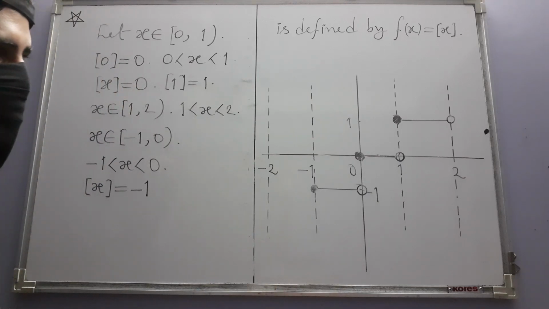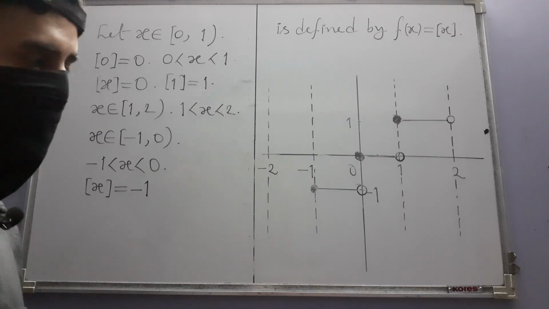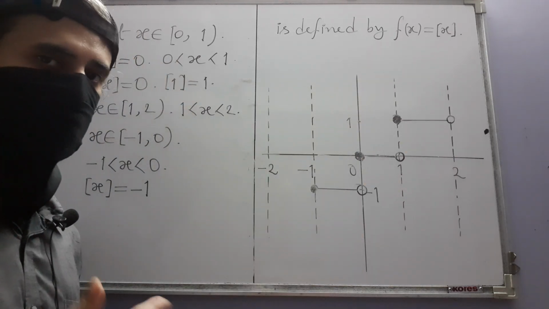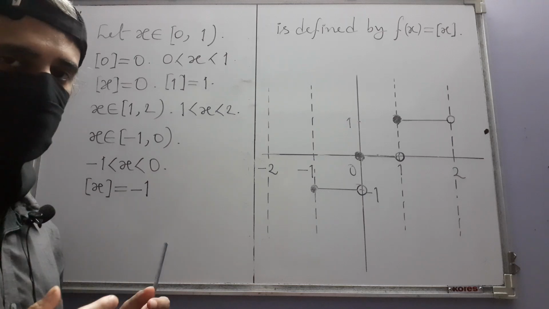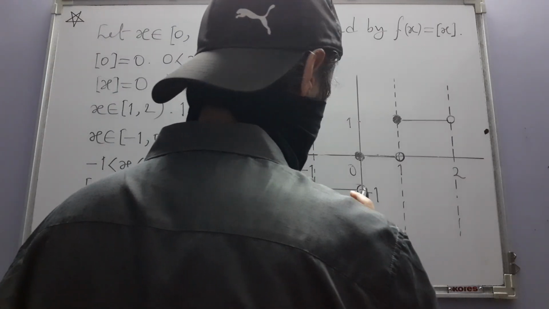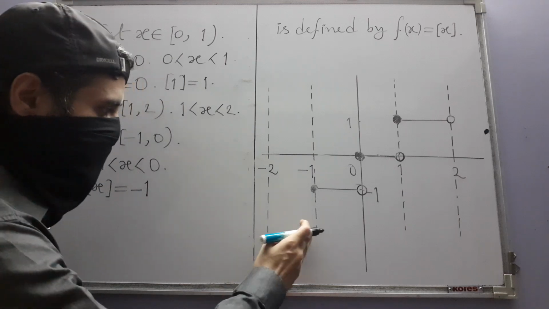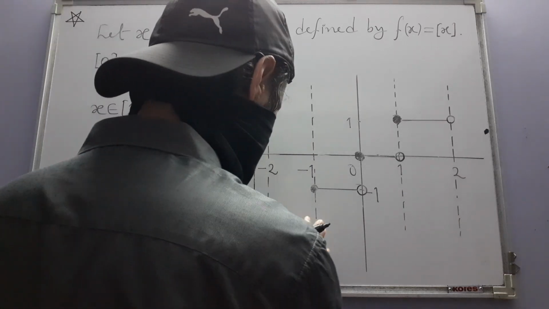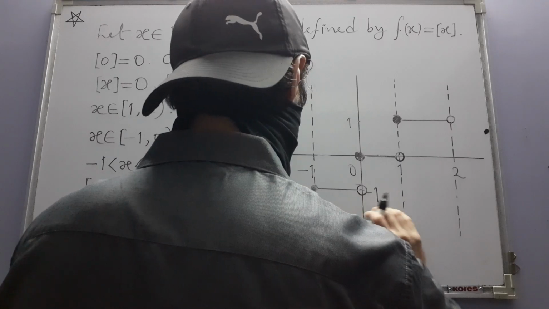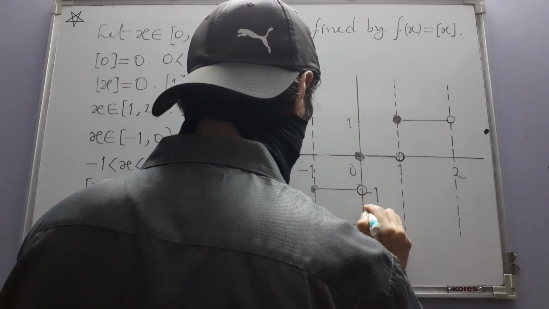So do you see the pattern that is emerging from this? It's like a staircase. That's why it's sometimes called the step function. And if you similarly continue here in this region, let me just draw this part as well. So this is -2.